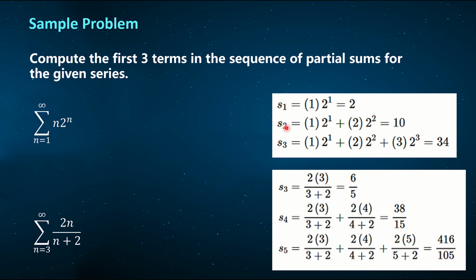For s sub 2, get the a sub 1 and a sub 2 and get the sum of it. So we have the quantity 1 times 2 raised to 1 plus 2 times 2 squared equals 10. For s sub 3, get the first 3 terms and get the summation of it.